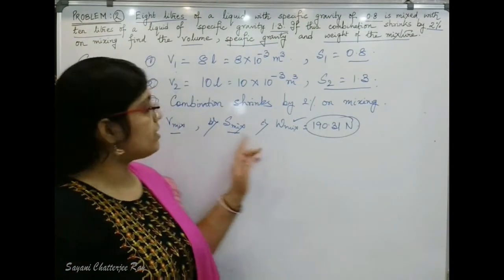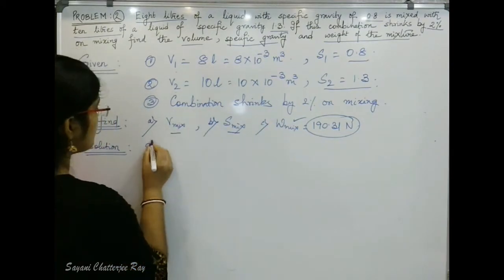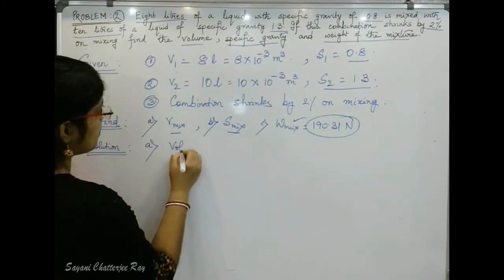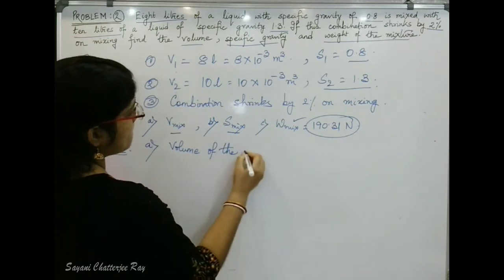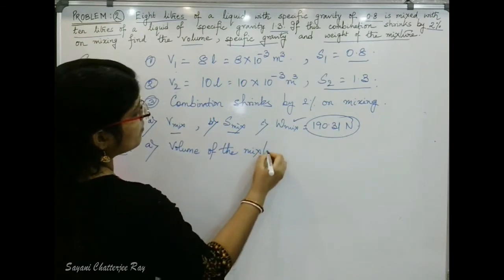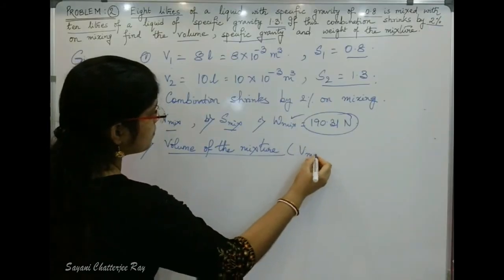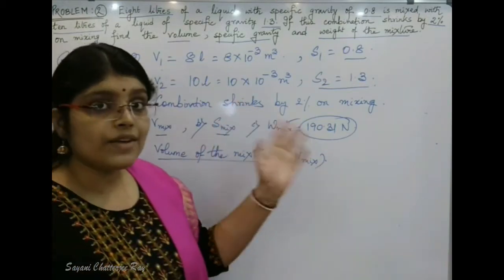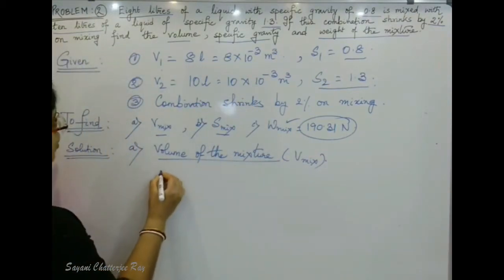Now we will find out the first answer, that is volume of the mix. From the given data we can see V1 and V2 are given in the question. So what is the total volume?